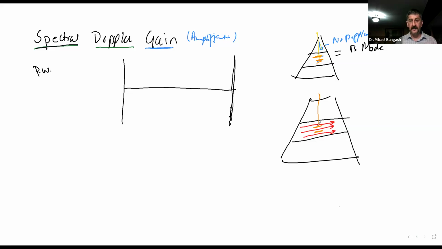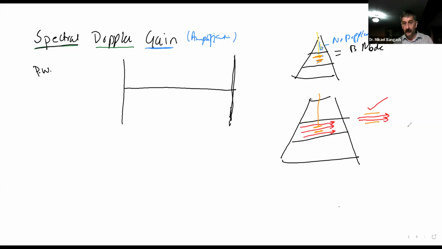It should be like this. So you can mainly say that the sample window should be parallel to the direction of the blood flow. This is the right position of your sample window.